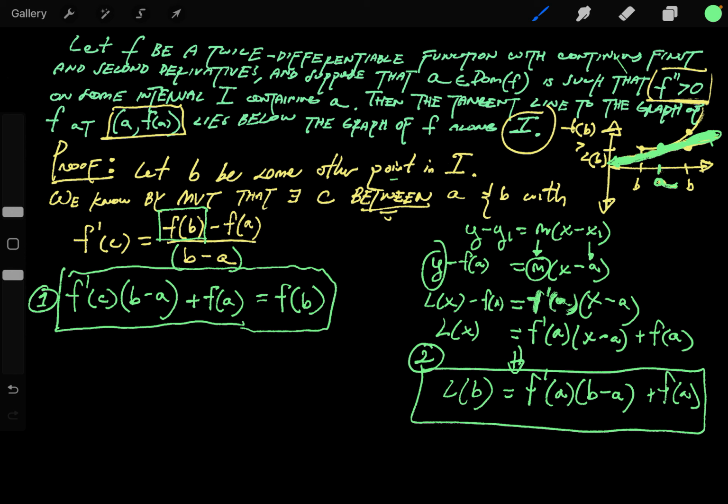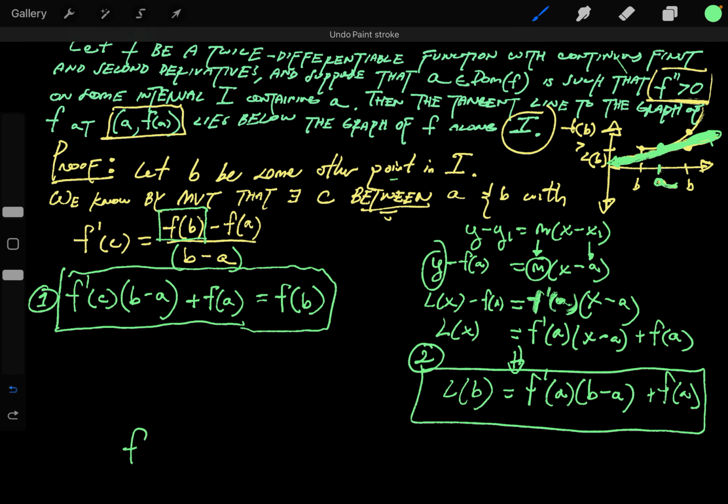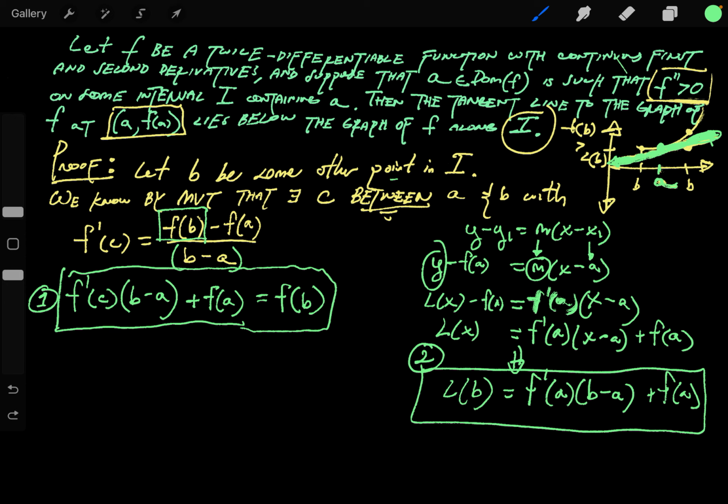At the end of the day, I want to show that f of b is greater than L of b, right? That makes sense for a variety of reasons. So the first thing, let's look at this here.